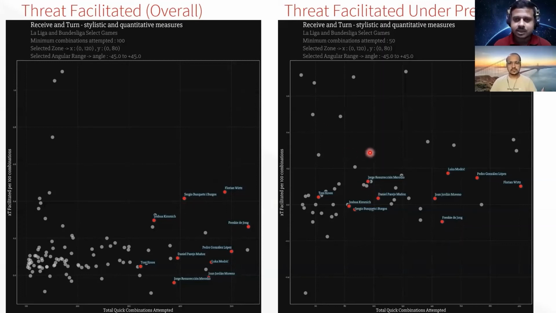And here we can see on the right hand side the same thing under pressure, and now these values are much more sensible in that the XT facilitated under pressure is typically low, so smaller compared to the XT facilitated overall. So this could be an indication that the second possibility I mentioned earlier, that some of the under pressure actions are hit and hope kind, might be true. But once again, it's something that we should investigate later.